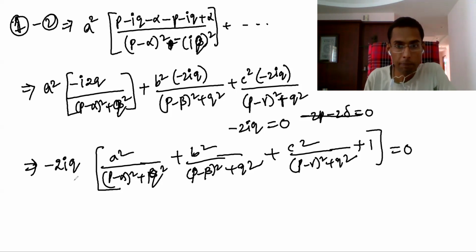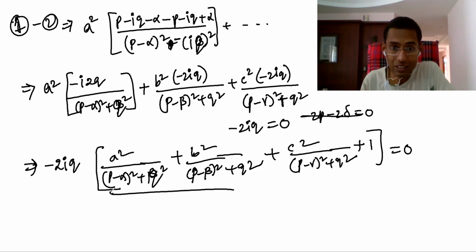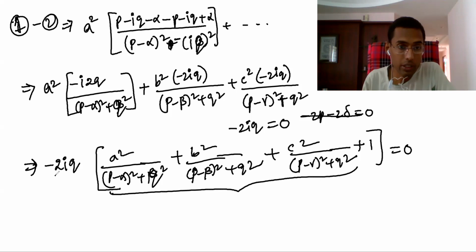So now, if this is 0, what we can do is, this part is real, and this part is imaginary. This is real, not only real, everything is positive. So if this whole thing is 0, then this is not equal to 0, we can write, because actually here positive plus positive plus positive plus 1.